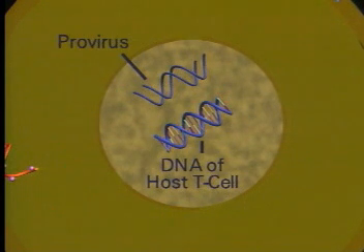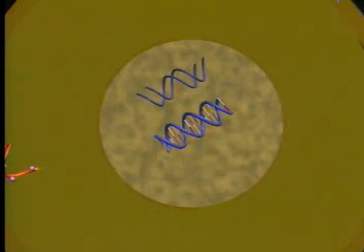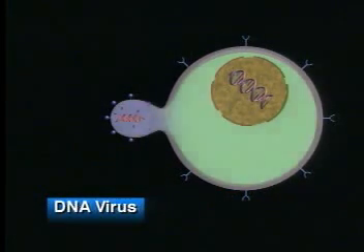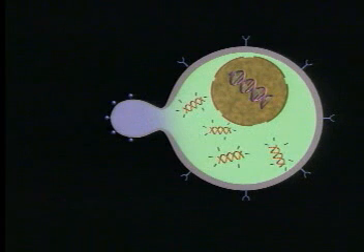This DNA can remain dormant for some period of time before the gene for viral production turns on and begins producing new viruses. In the case of DNA viruses, the DNA crosses the cell's nuclear envelope and uses the cell's resources to replicate and to transcribe its own RNA. The host cell immediately becomes a virus factory.